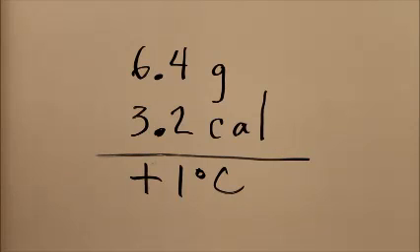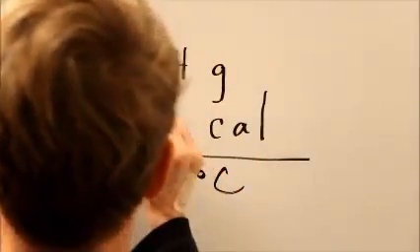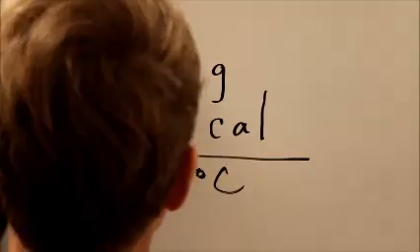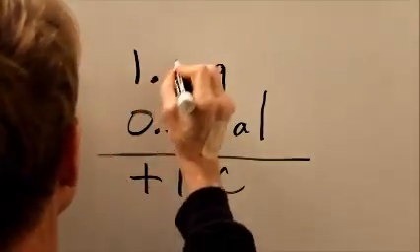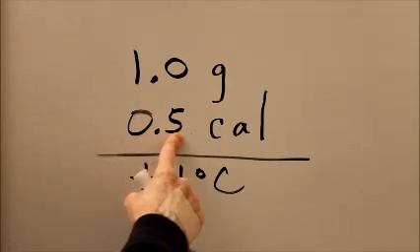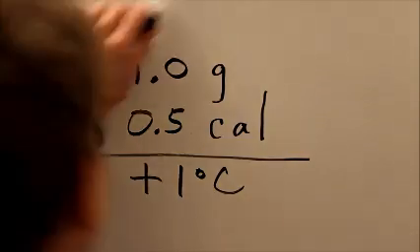All we have to do is divide this by 6.4 to get 0.5, and divide that by 6.4 to get 1.0. So we're kind of parsing things down here. So 1/2 of a calorie added to 1 gram of the substance will raise its temperature by 1 degree Celsius.